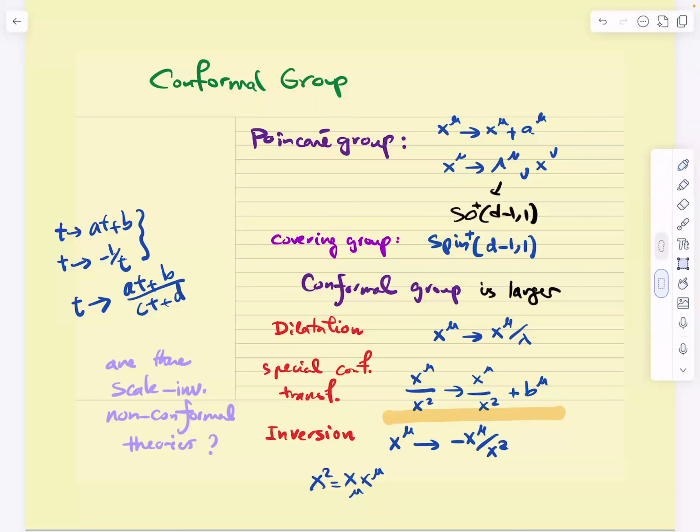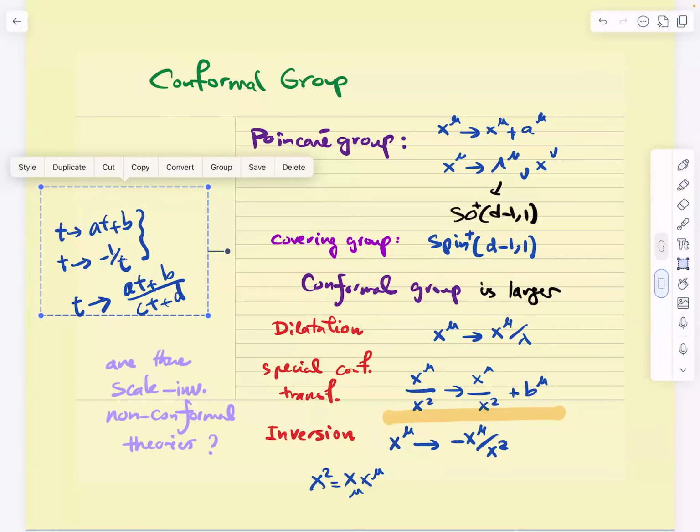Does anyone know the name of these transformations for real variables a, b, c, d? This is the conformal group in 0 plus 1 dimensions. Mobius transformations, exactly. It's PSL(2,R). That's the conformal group in 0 plus 1 dimensions.